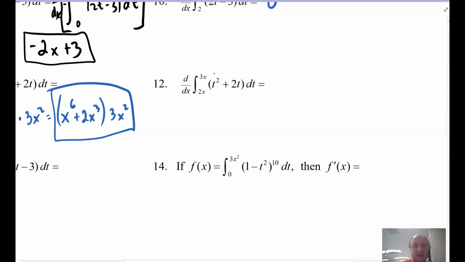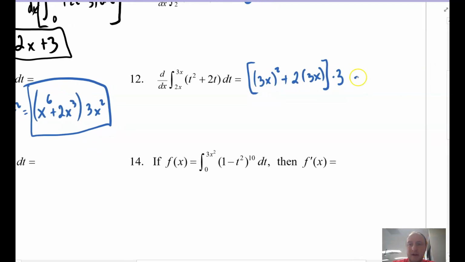Well, the second fundamental theorem of calculus says that it's just going to be the integrand evaluated at these bounds. So I have 3x quantity squared plus 2 times 3x, times the derivative of the inside, which is 3.